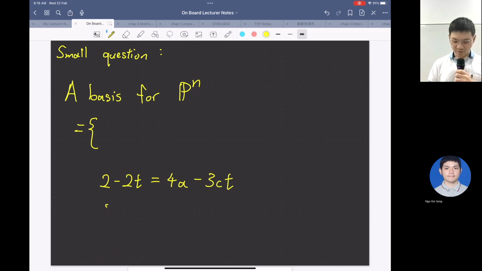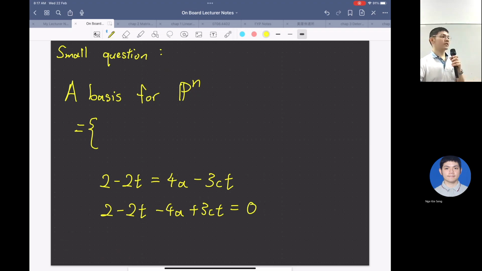If you move everything to one side, how do you factorize the coefficients? By the same degree of t, right?